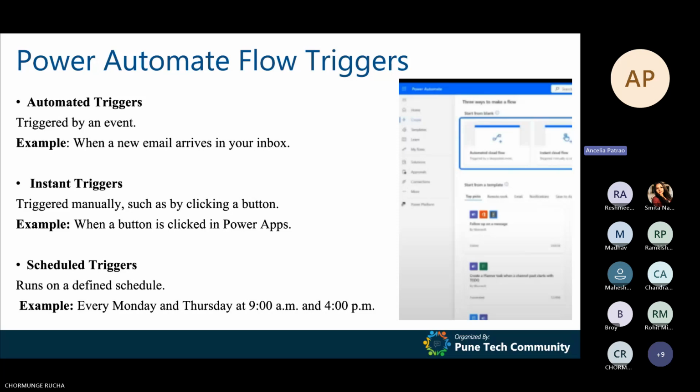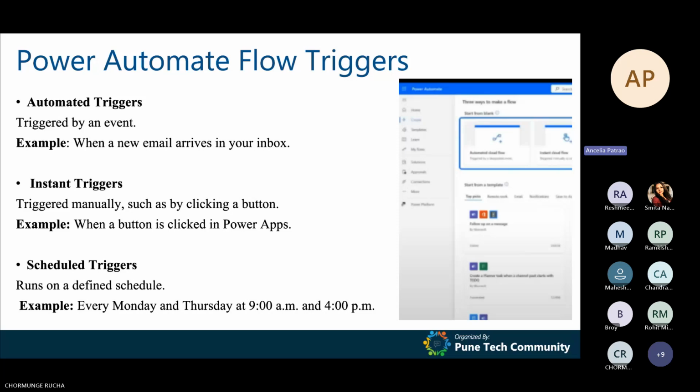So what is automated? It is triggered by an event, like when a new email arrives, you do the other event. So a new email arrives is one event, and due to this event the other event is triggered. Coming to the instant triggers, it is triggered manually through a push button to run a flow.